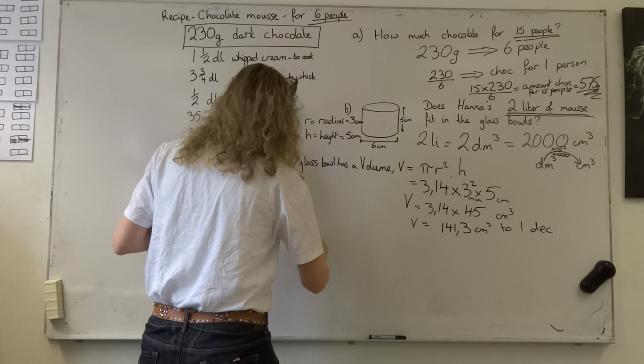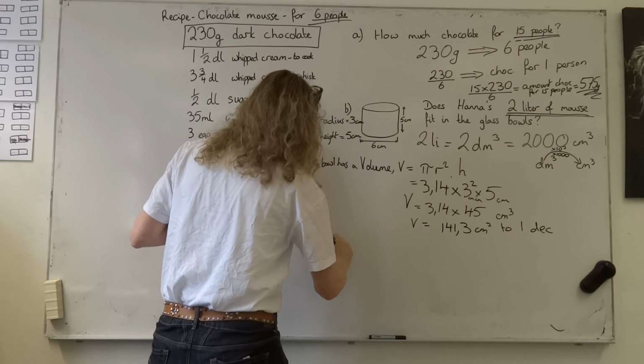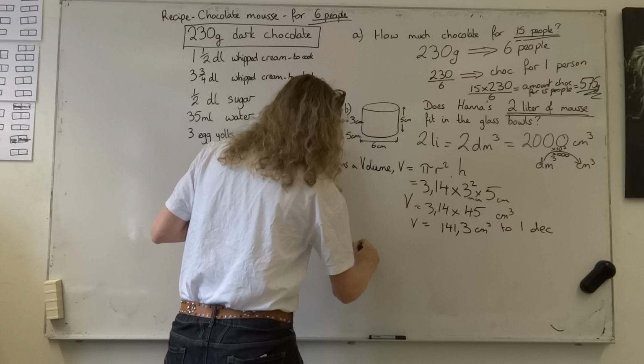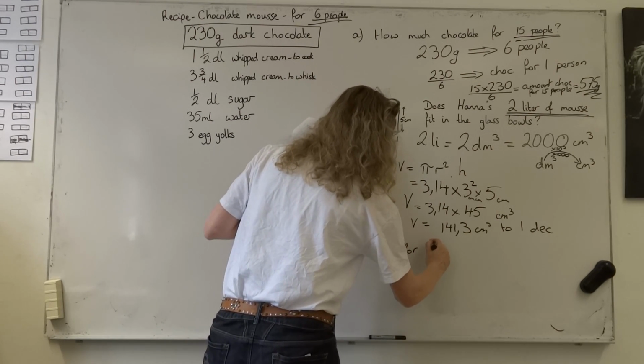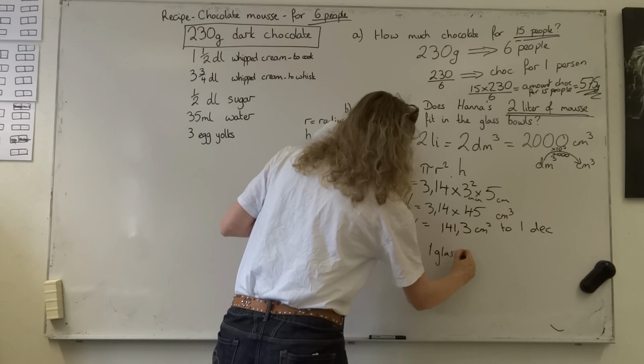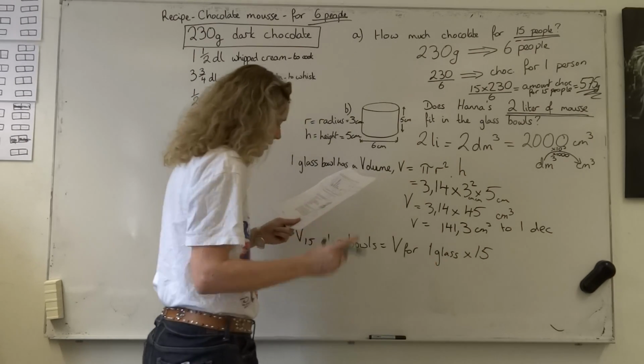So the volume for 15 glass bowls is the volume for 1 glass times 15. They're exactly the same size.